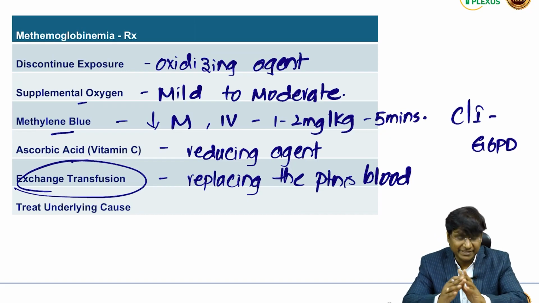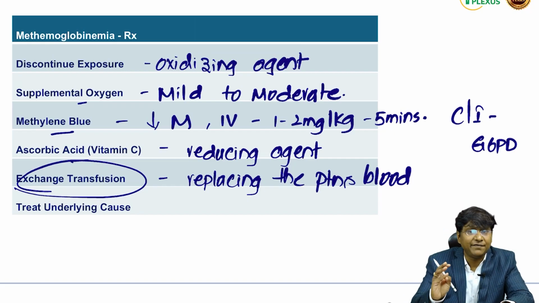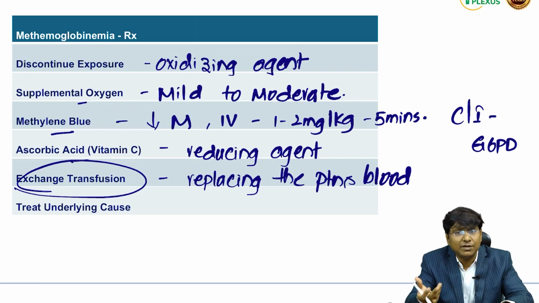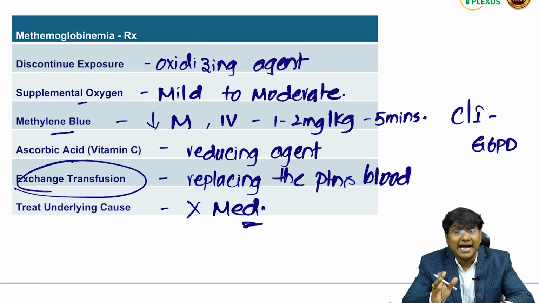And you need to treat the underlying cause. Identifying and treating the underlying cause is essential for long-term management. This may involve discontinuing the medication and addressing the environmental exposure. So this is about the treatment of methemoglobinemia.